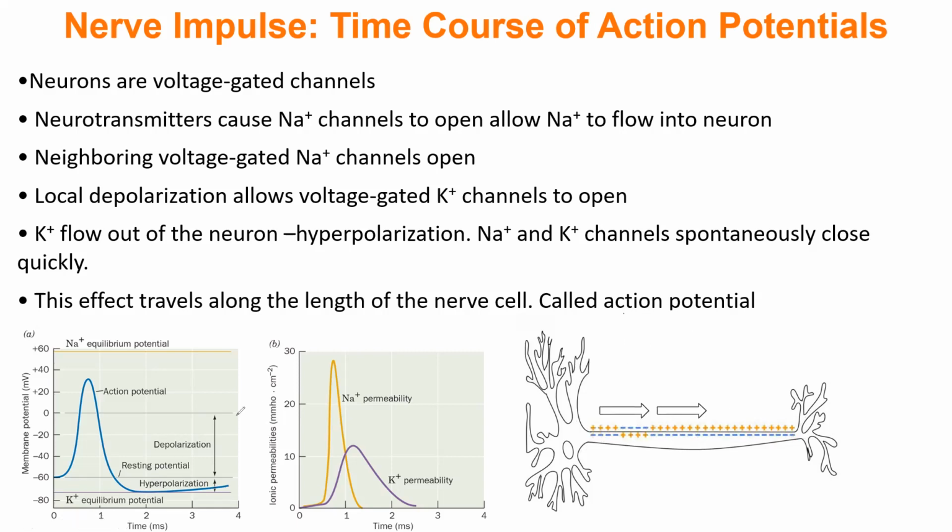We can visualize this action potential on a couple different graphs. So we're going to look at the B graph here to begin with. After about 0.8 milliseconds after receiving your signal here, your sodium permeability skyrockets, which means sodium channels open.